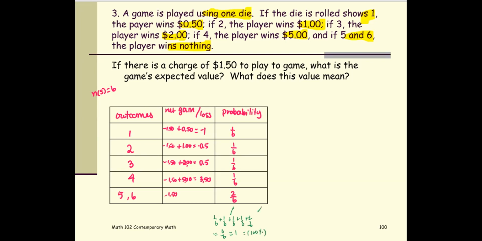So it's good. To find the expected value, we have to add another column, the column of the product.